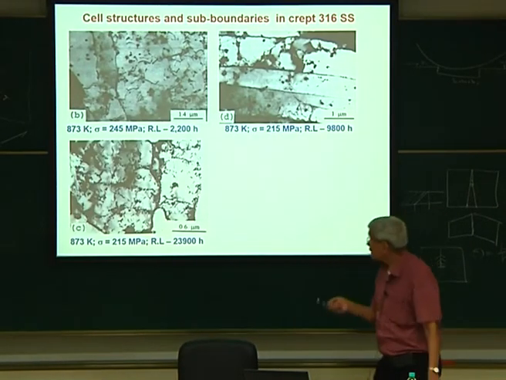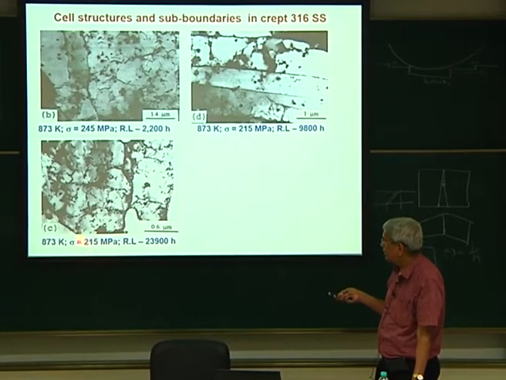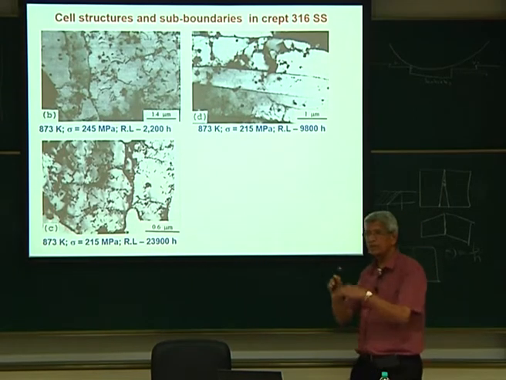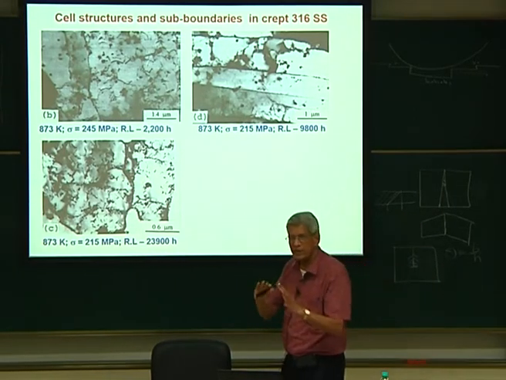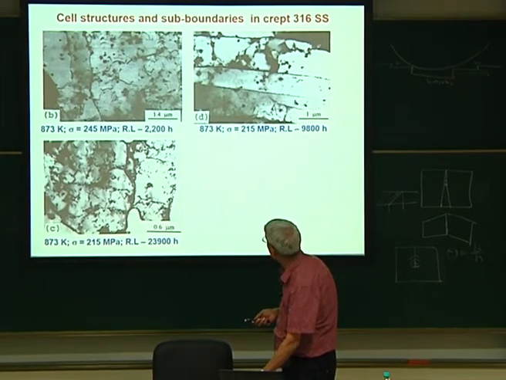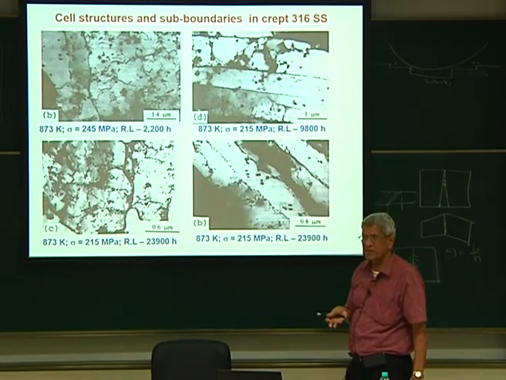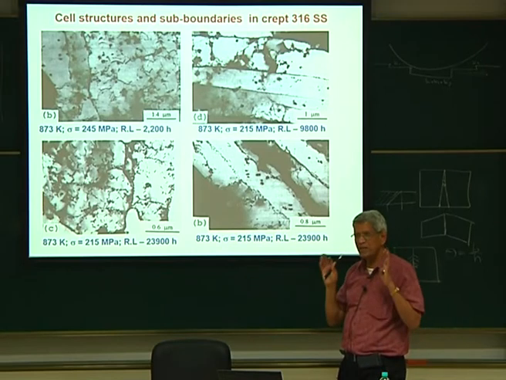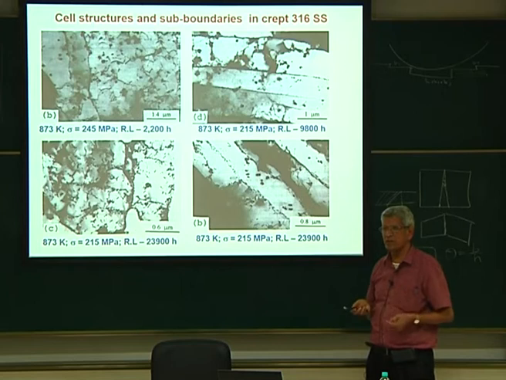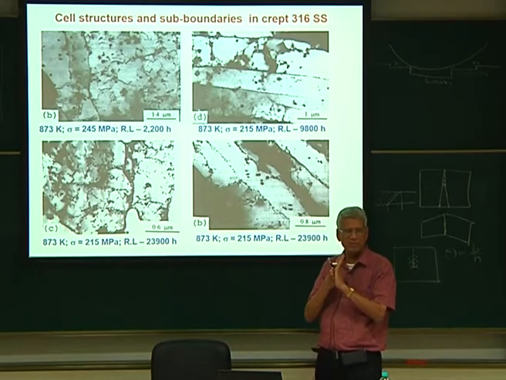Here again, when the stress is lowered and the temperature has been raised, you see that the dislocations are rearranging themselves not only into a wall, they also rearrange within the walls and form a regular periodic pattern. These boundaries we normally call sub-boundaries. A sub-boundary is essentially a boundary which has arranged into some equilibrium configuration, whereas cell walls are not an equilibrium defect.